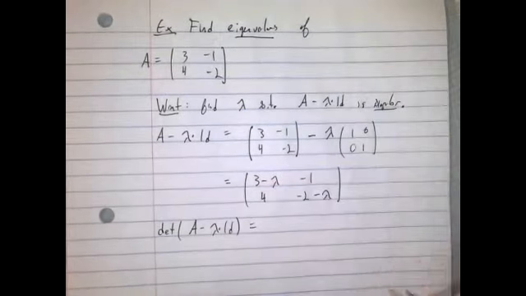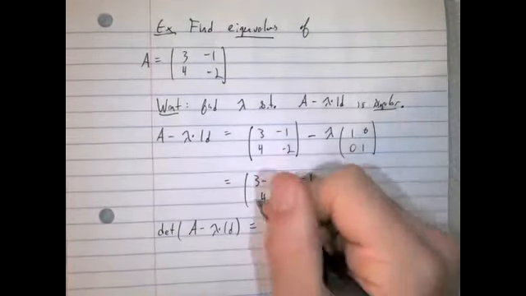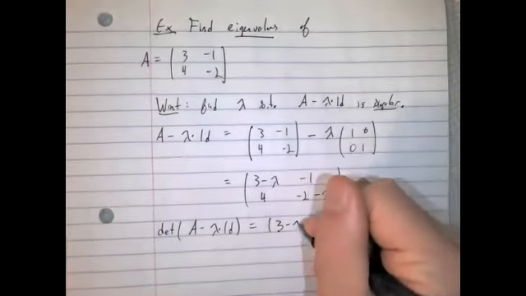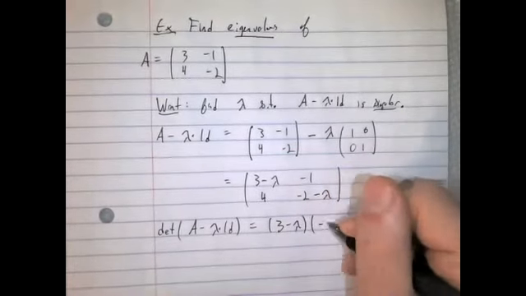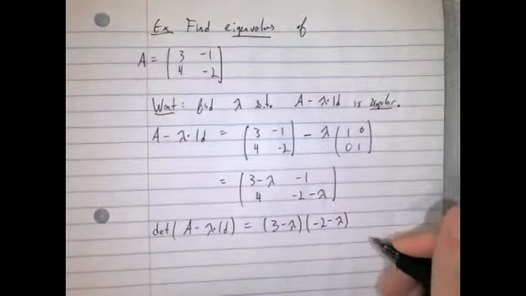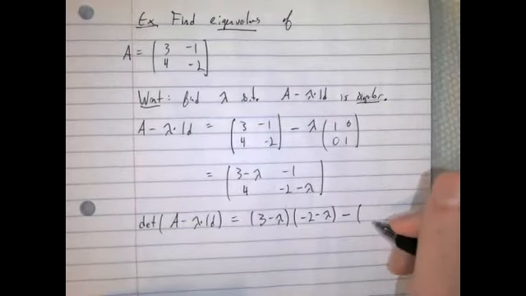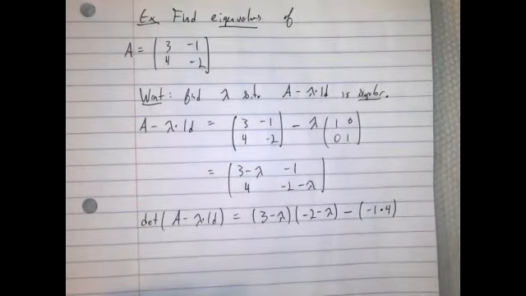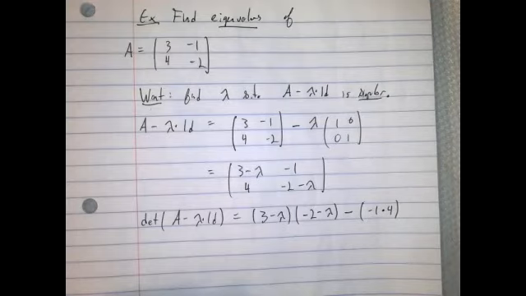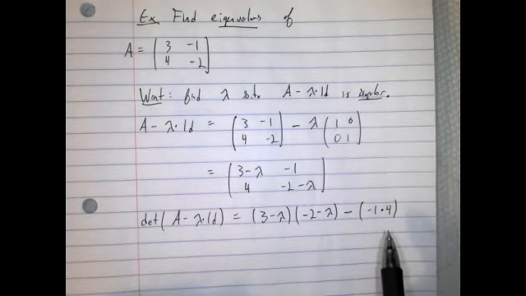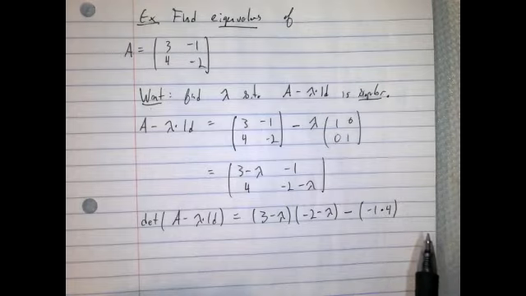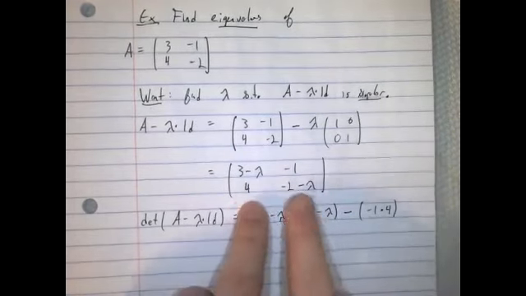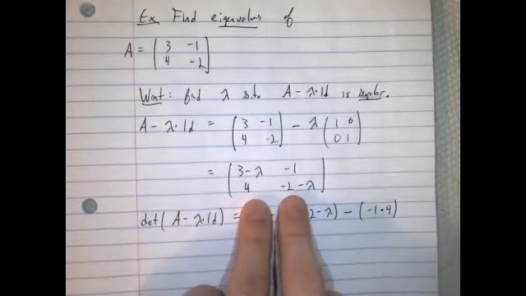Well, I'll just write it out. 3 minus lambda times -2 minus lambda minus -1 times 4, right? Is it okay what I'm doing here? Do you agree that this is the determinant of this matrix? Yeah.